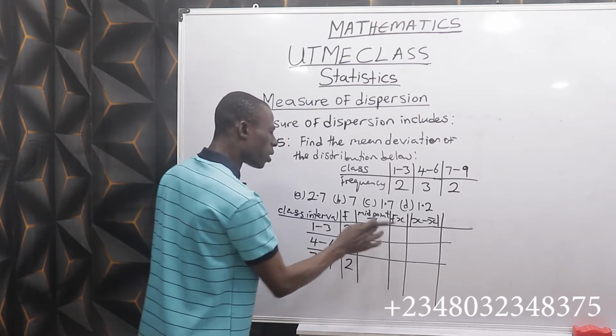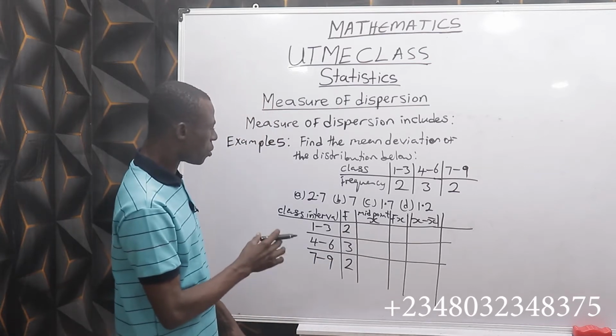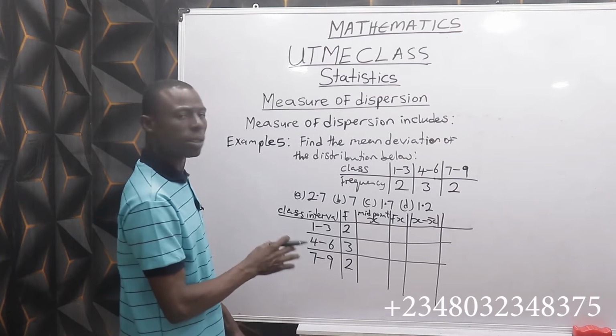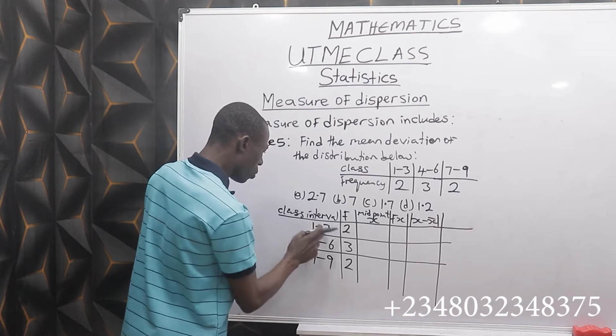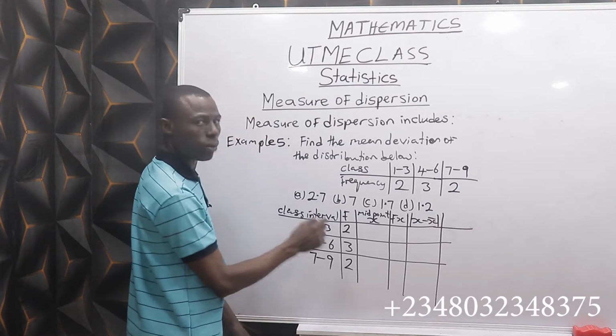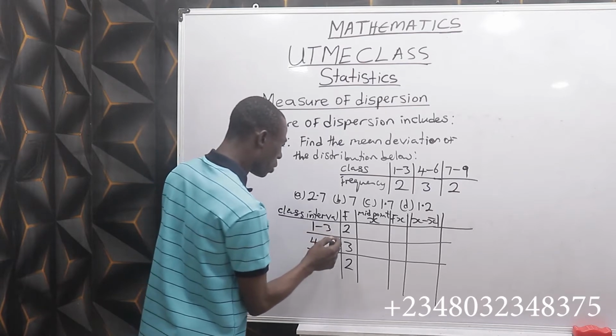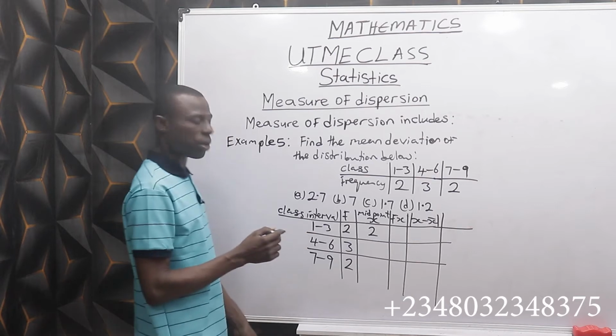Yes, midpoint value, I have explained this to you when we were considering mean under grouped data. So you find the mean of this class interval 1 to 3, and the mean is going to be 2. So that will represent our midpoint.